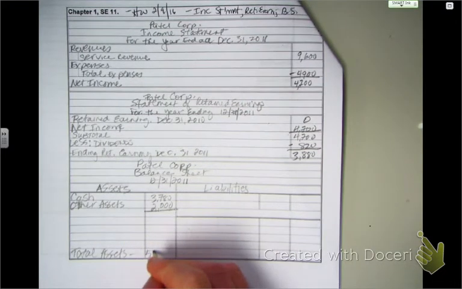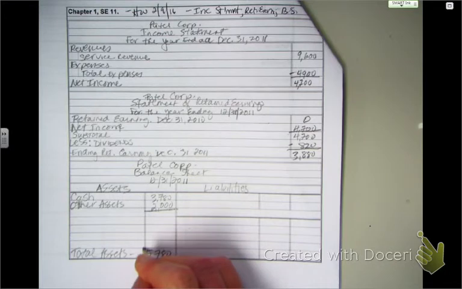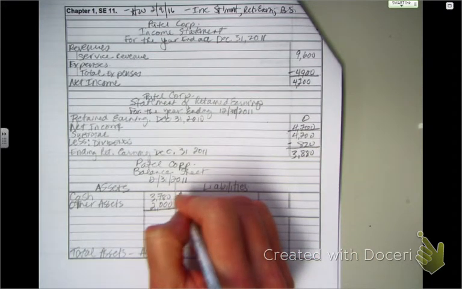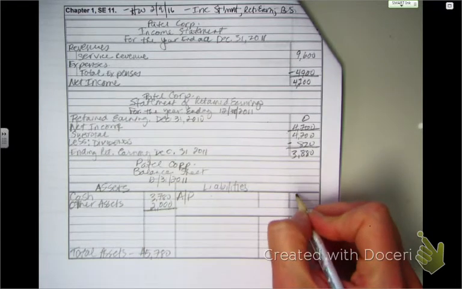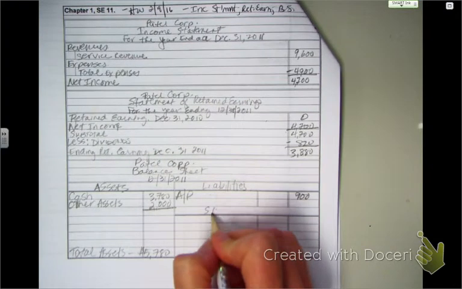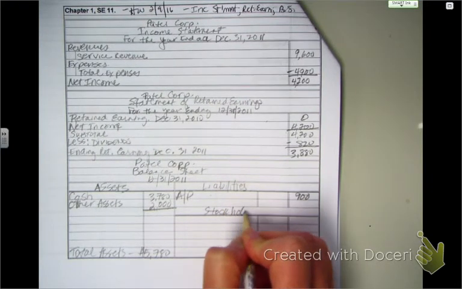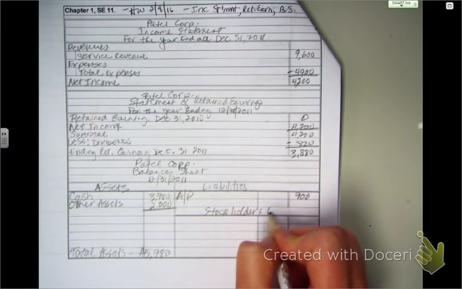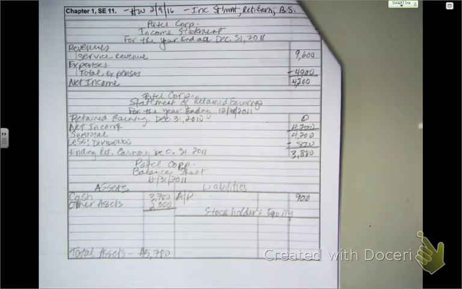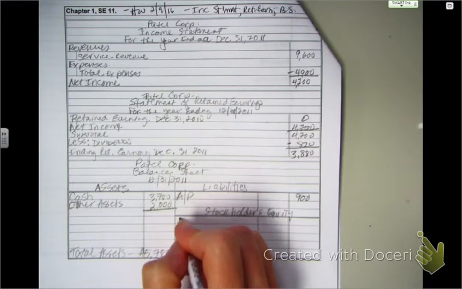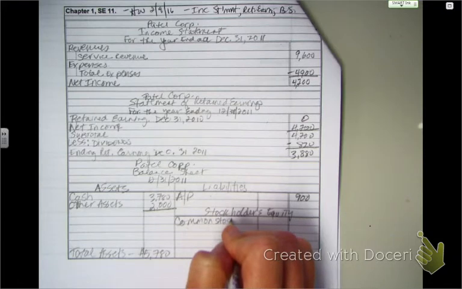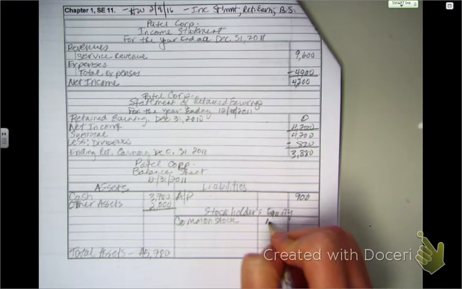Okay, 5,780. On the other side, we have liabilities. What are our liabilities? Only accounts payable. How much? And then we have our stockholders' equity. And we have here, what did they say? Common stock of 1,000.